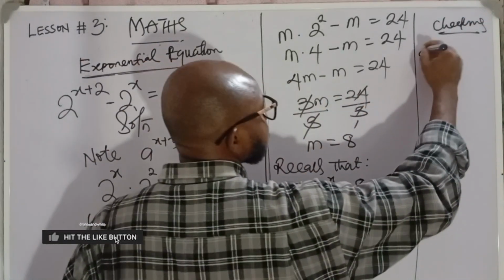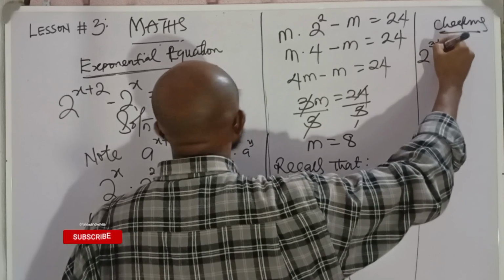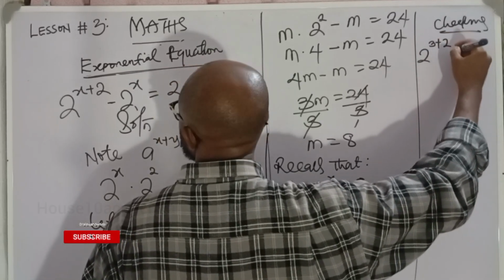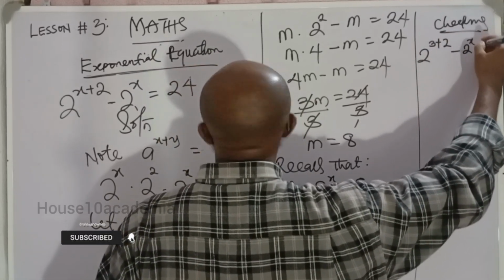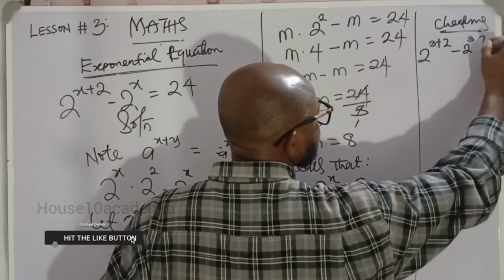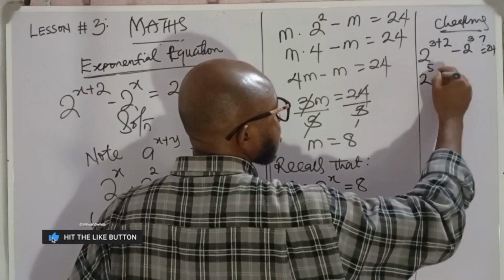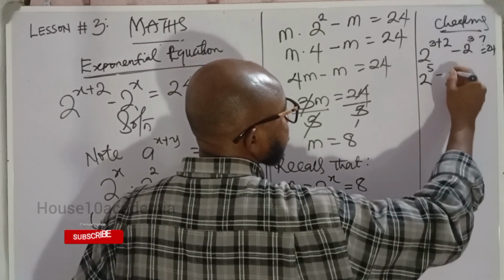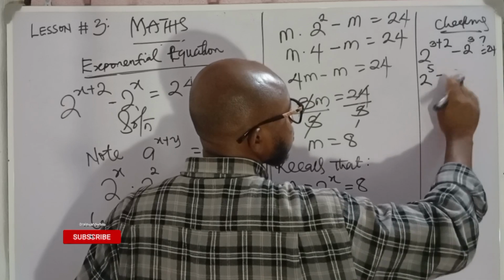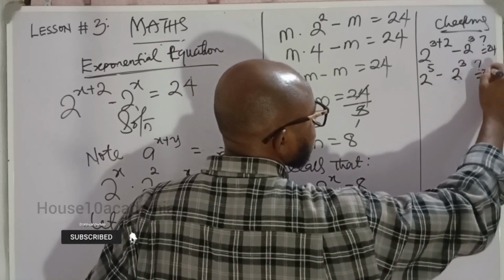Now we have 2 raised to power 3 plus 2, minus 2 raised to power 3, is it equals to 24? So 2 raised to power 5 minus 2 raised to power 3, is it equals to 24?